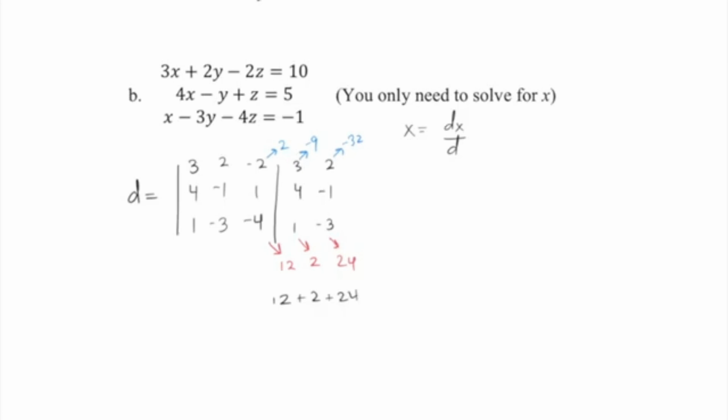Then we subtract the ones in blue, so that's -2 minus -9 and minus -32. So that determinant is 77.